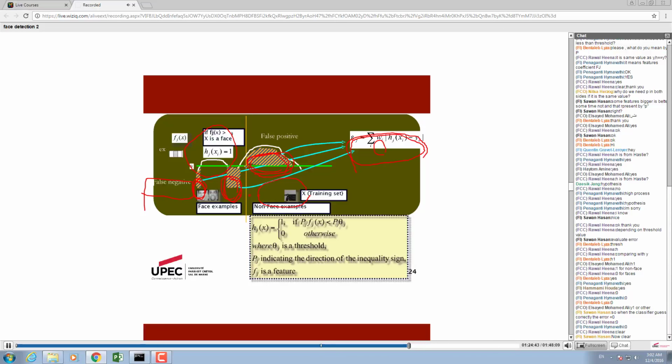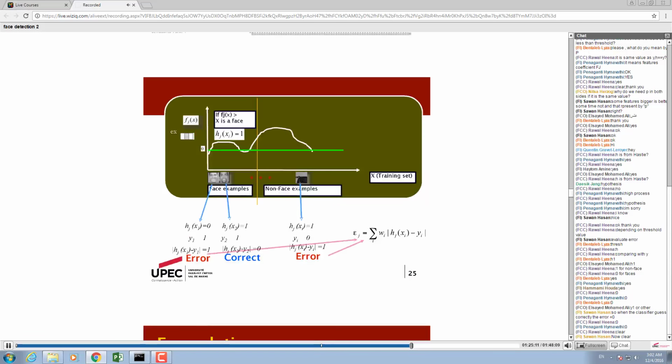So every weak classifier H, how many do you have? 180,000, so many. But whatever the number, it is just kind of one for loop in terms of programming, right? So for all the 180,000 weak classifiers, we calculate error E1, E2, E3 until E180,000. That is the error calculation.